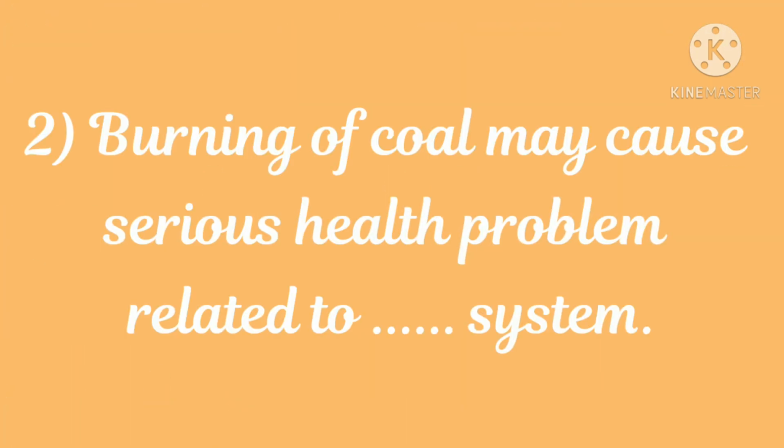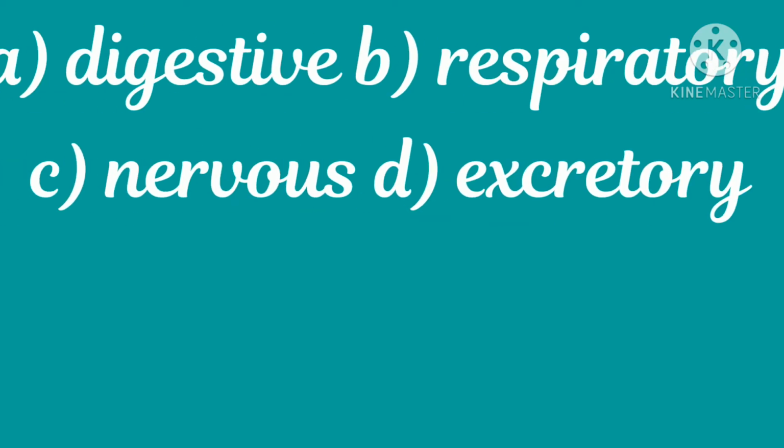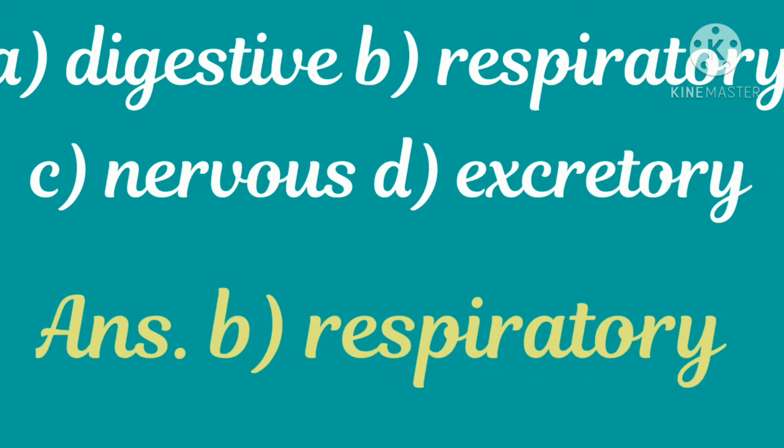Burning of coal may cause serious health problems related to dash system. Options are A. Digestive, B. Respiratory, C. Nervous and D. Excretory. And the correct answer is option B. Respiratory.